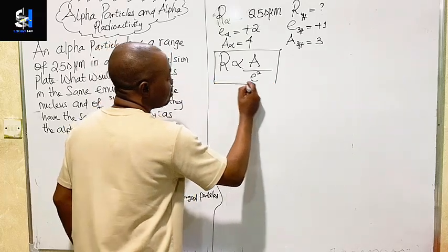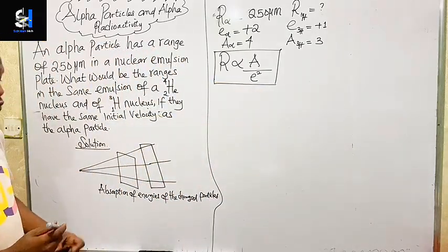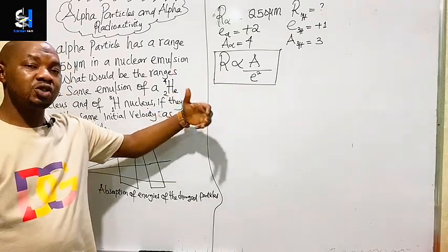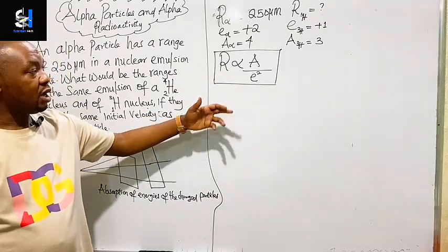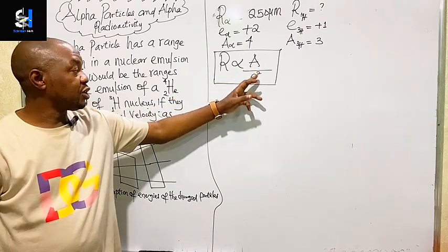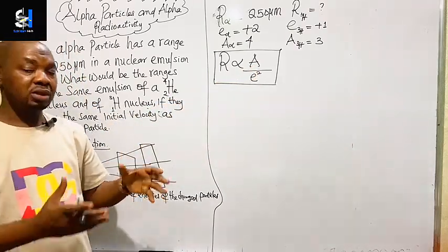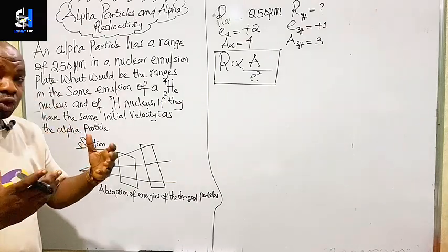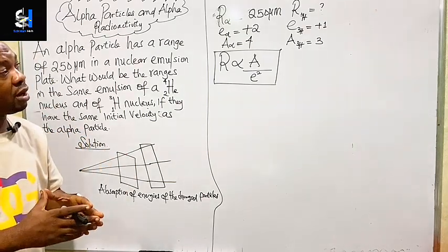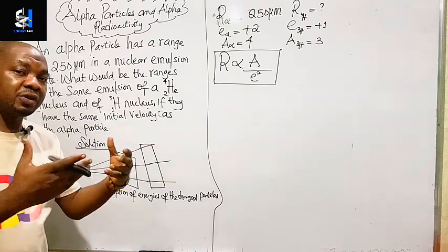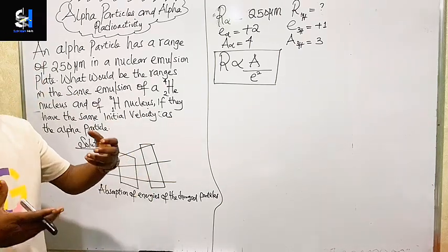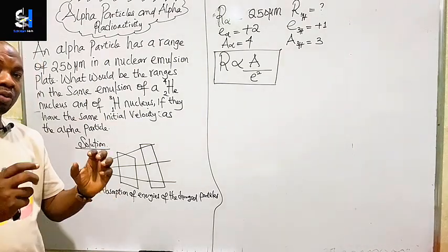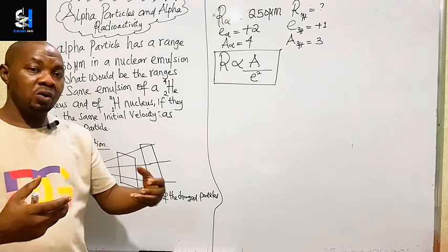So this is the mathematical relationship between the range of an alpha particle, or of a charged particle, and its atomic mass with respect to the charge on the charged particle. One thing we must know is that stopping power also measures the force of retardation acting on a charged particle, such as an alpha particle or beta particle.